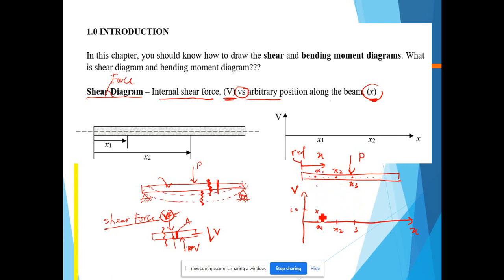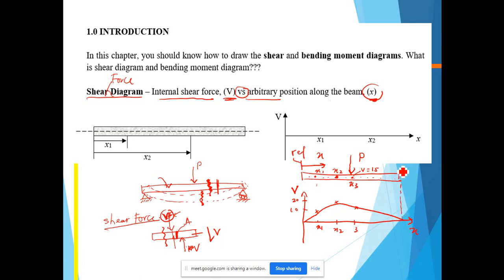So at x1, V equals 10. And then what is the shear force at x2? Let's say at x2, the value of V is 20, so we draw 20. Let's say at point 3, V equals 15, for example, somewhere here. And then we draw the graph, up to here.